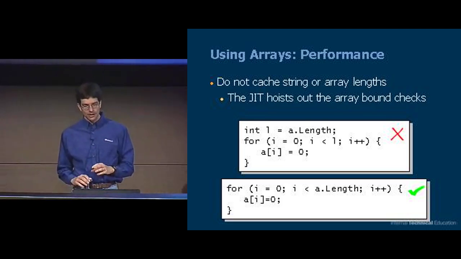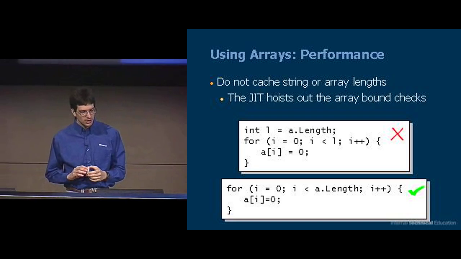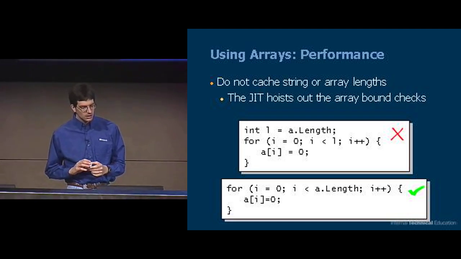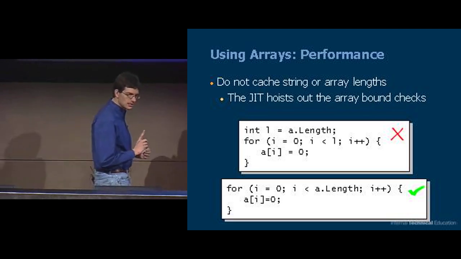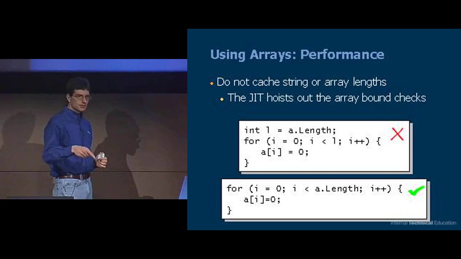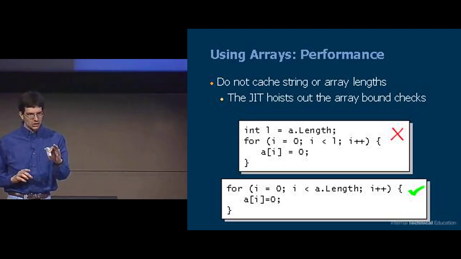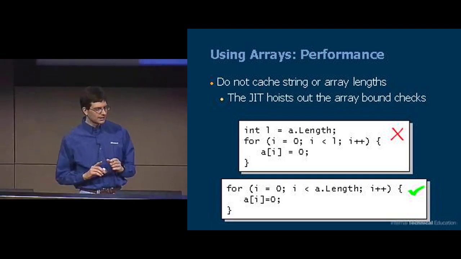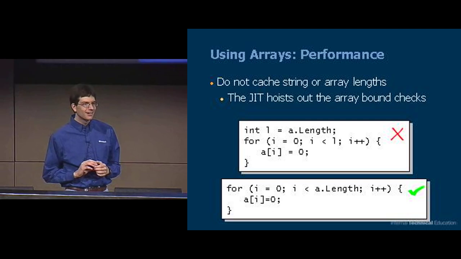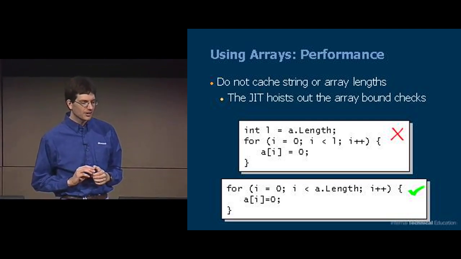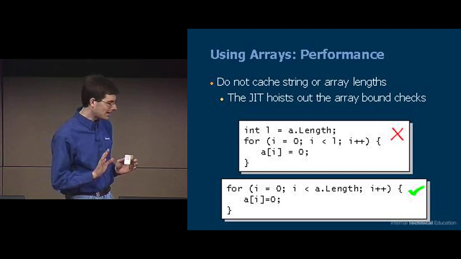Okay, I think I know what you're saying. What you're saying is that the JIT does this optimization for arrays and not for strings. I trust you, but I'll have to go back and double check because I got this somewhere. I don't doubt you.